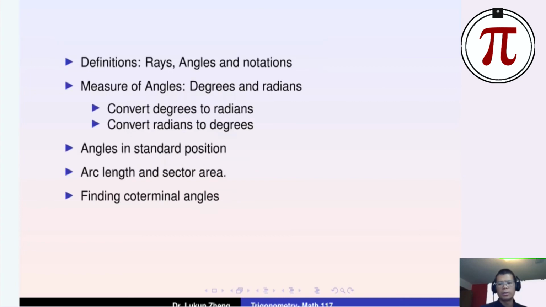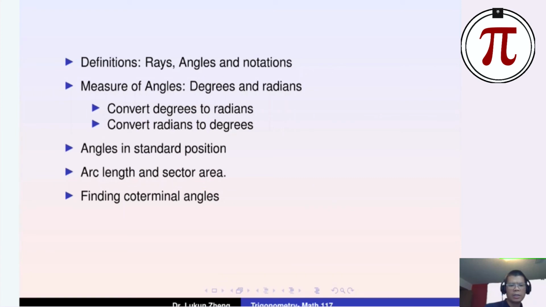Okay, so let's consider section 1.1 from chapter 1. In this section, we'll talk about the definitions of rays, what an angle is, and notations, right? So how to denote an angle, and the measures of angles. You have degrees and radians. Convert degrees to radians, convert radians to degrees, right? So you need to know how to do that.